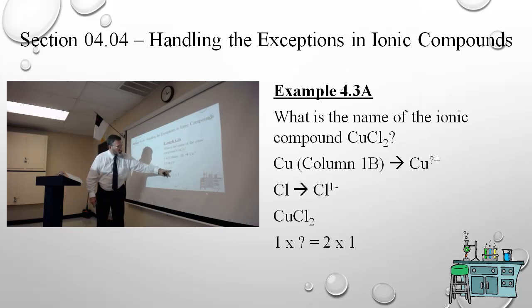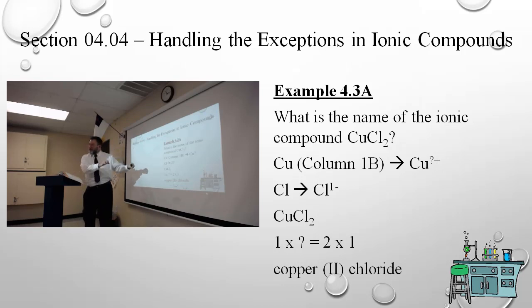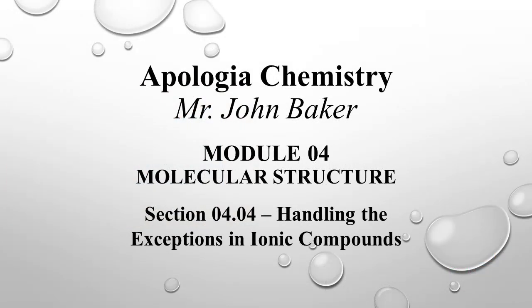Equals 2 chlorines, each with a charge of 1. 1 times something equals 2 times 1. What is the something? Okay, good. It's a 2. What does that mean? That means we're looking at copper 2 chloride. Why? Because the copper has to have a +2 charge. Therefore, I don't need to know all the options, but I do know that this copper is forming a +2 cation. It's a copper 2 chloride molecule.